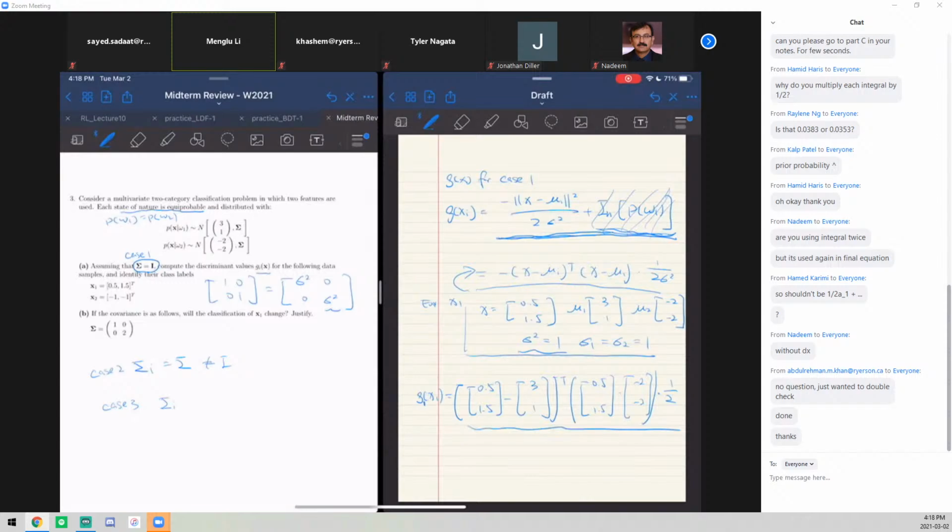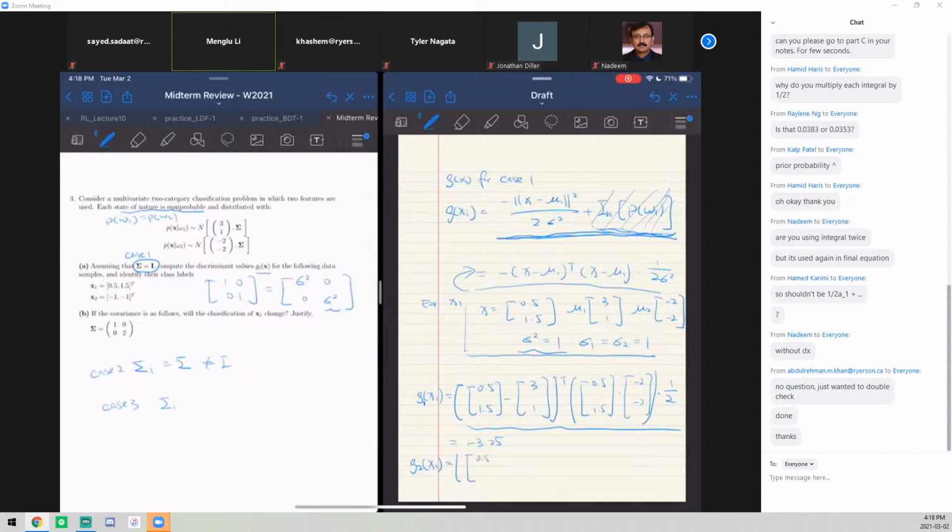And the final answer is -3.25. And for class 2, you just replace the mu bar, because the variance is the same, so we just replace the mean.